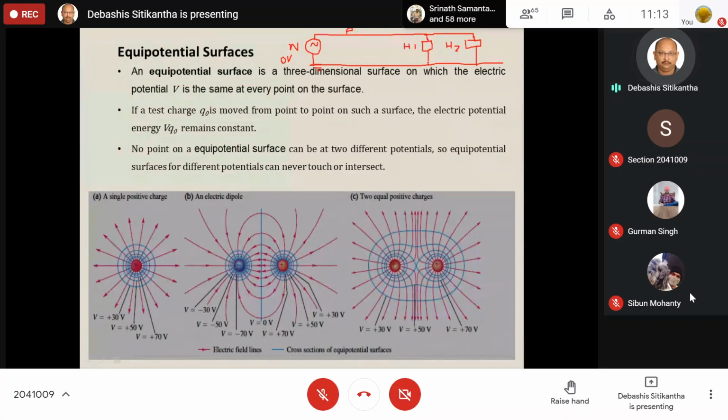The other wire can be locally connected to the ground near the house. Now why is it so? Because in other words we can say the ground or the earth is an equipotential surface, because wherever you go on the surface of the earth, the potential is always going to be at 0 volt.